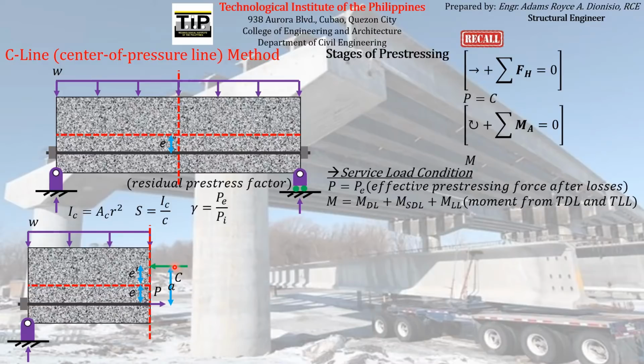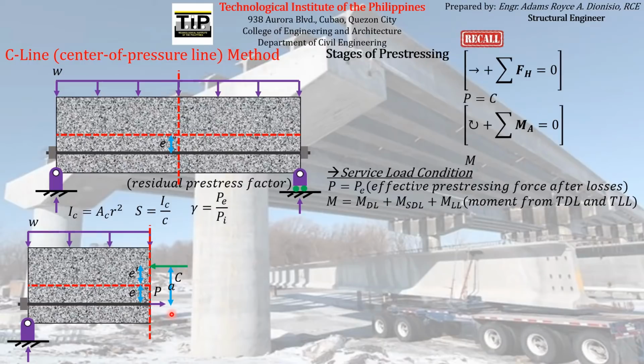Let us review the meaning of a couple. A couple comprises two parallel forces with equal magnitudes but opposite in direction, just like in this case. Since the total compressive force and the pre-stressing force have equal magnitude according to this equation, and they are parallel and opposite in direction, they produce what we call a couple.